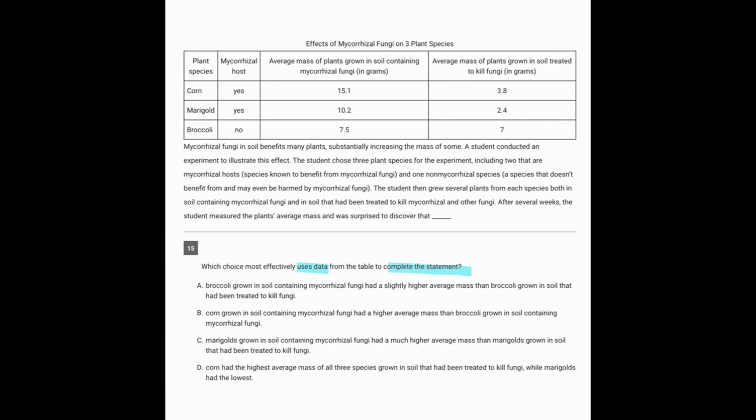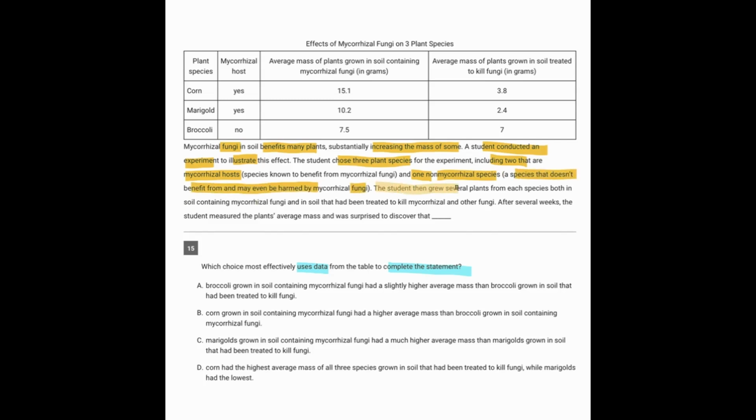The text here says, this fungi benefits many plants, increasing the mass of some. A student conducted an experiment to illustrate this. The student chose 3 plant species, including 2 that are fungal hosts, species that benefit from the fungi, and 1 non-host, one that doesn't benefit and may even be harmed by the fungi.